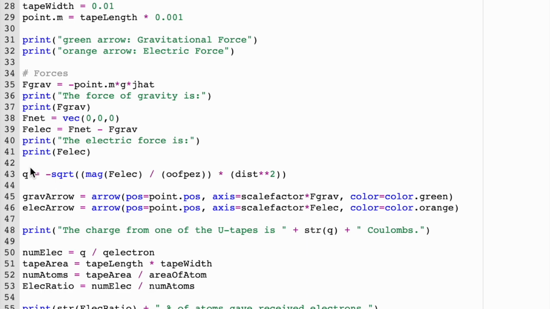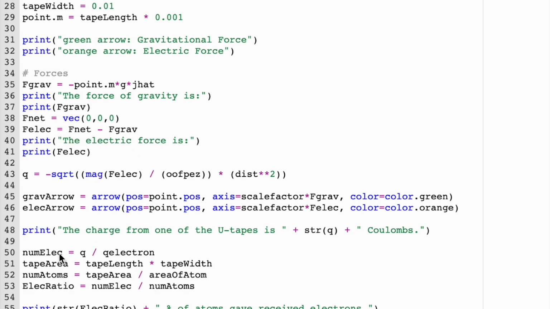And then we can calculate the charge of our system based on Coulomb's law. So we'll take the magnitude of the electric force, divide it by Coulomb's constant, and then multiply it by the distance between one charge and the other squared, and then we'll take the square root of the entire thing, of course making it negative because we remember the charge is negative in this case.